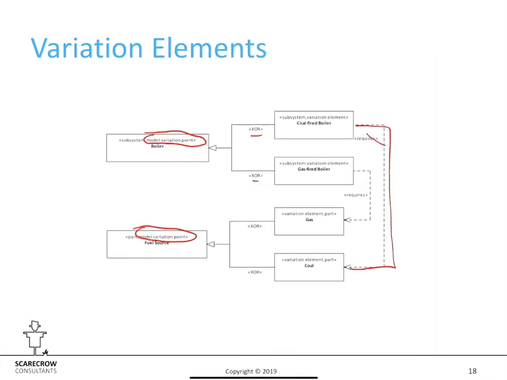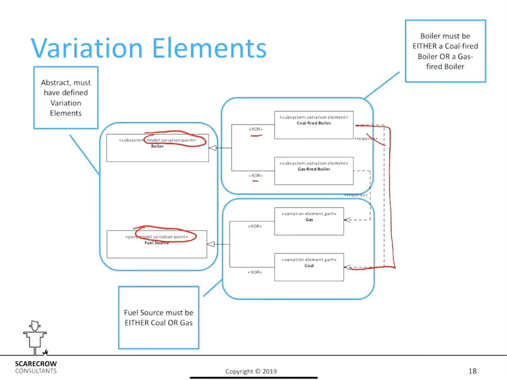For those model variation points, we use variation elements to say these are the different variants of boiler, fuel source, whatever the model variation point is. That's what we use the variation elements for, and we put dependencies between them to say that particular elements are required. So if you pick one, you have to pick another one.